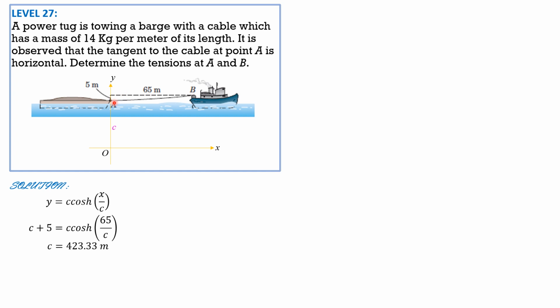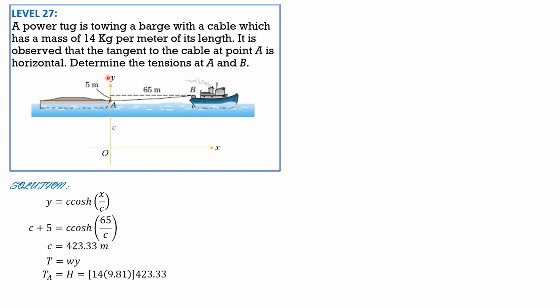Therefore, the tension at A, which is the minimum tension denoted by big H, is W times C. W is 14 kilograms per meter times 9.81 to convert it to newtons. So T is WY. H, or the tension at A, is 14 times 9.81 times C, which is 423.33.